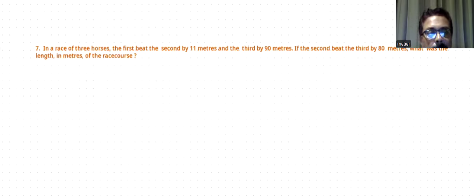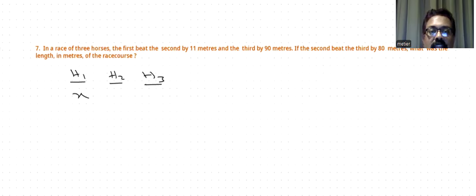Now check it here. Horse 1, horse 2, horse 3. We need the length of the whole race. First go with the conventional one, then I will go with my technique. Say the length of the race is x. I personally don't prefer variables, but here, to make you understand, I am going with x first, then we will go with the technique. When the first horse covers x meters, it finishes the race.